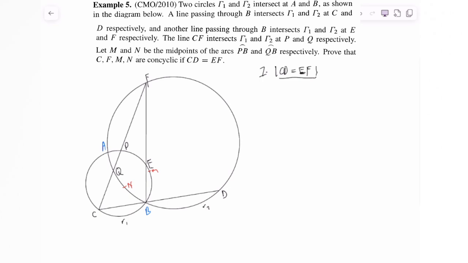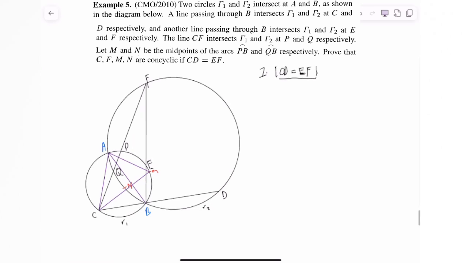So let's just draw some helping lines. Just connect everything that we think needs to be connected. It looks like the N is not that nice. So N should be here instead.